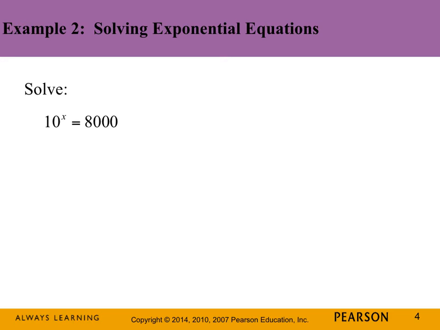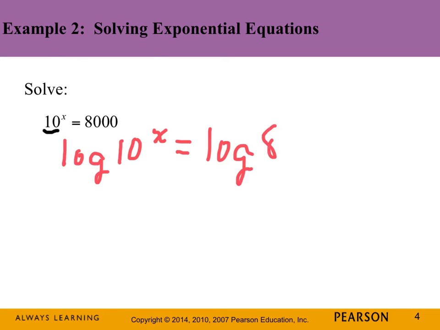Next, we're asked to solve 10 raised to the x power equals 8,000. Well, this is base 10, so I'm going to use common logarithms. So you take the log of both sides. Log of 10 raised to the x power equals the log of 8,000.